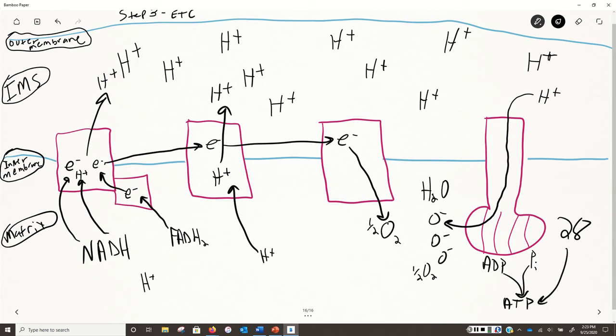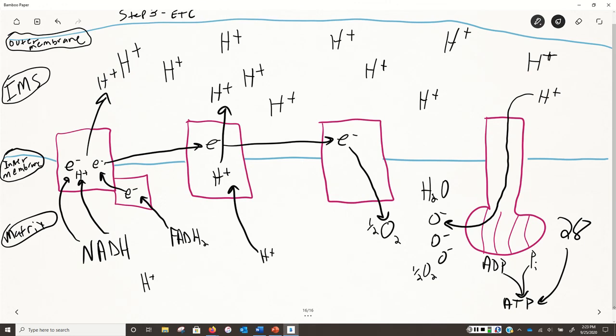About 28. This is where all of our ATP comes from. We got 2 in glycolysis, we got 2 in the Krebs cycle, but we get 28 from the electron transport chain. So all total, we got about 32 from 1 molecule of glucose.